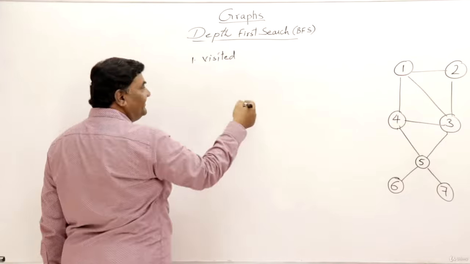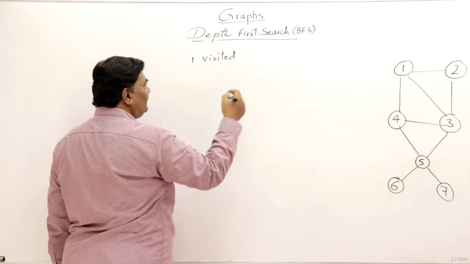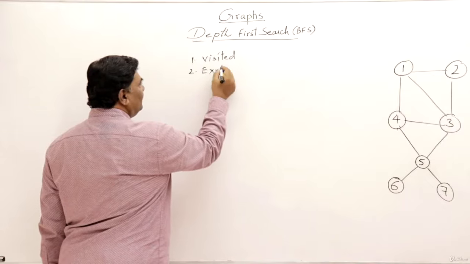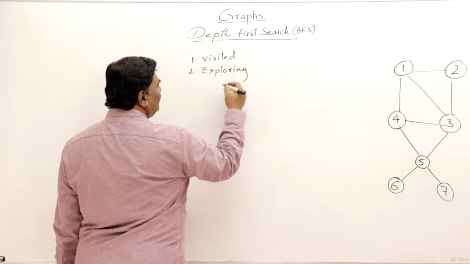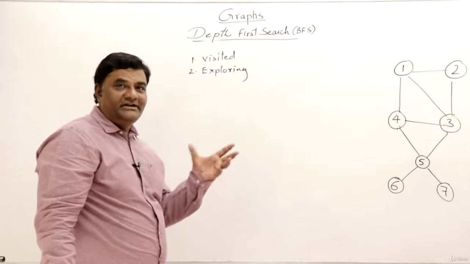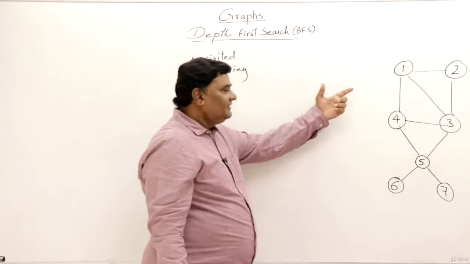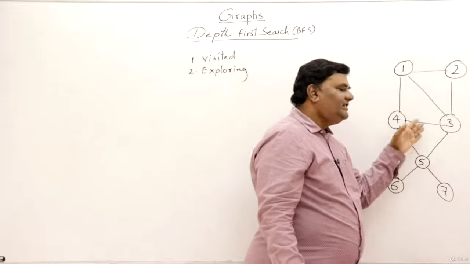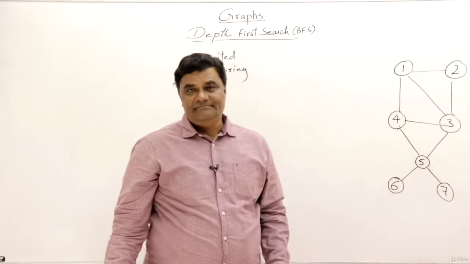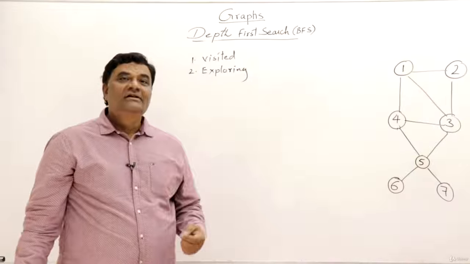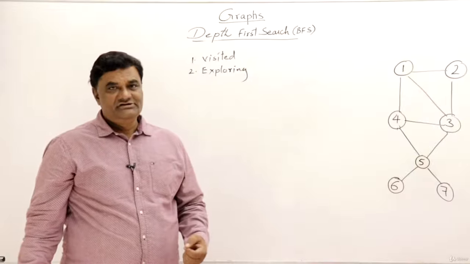Whenever a vertex is reached, we call it visited. Second thing is exploring a vertex. Exploring a vertex means visiting all adjacent vertices. Like suppose the adjacent vertices are 2, 3 and 4, visiting all of them. So based on these two things, I will define and explain depth first search.